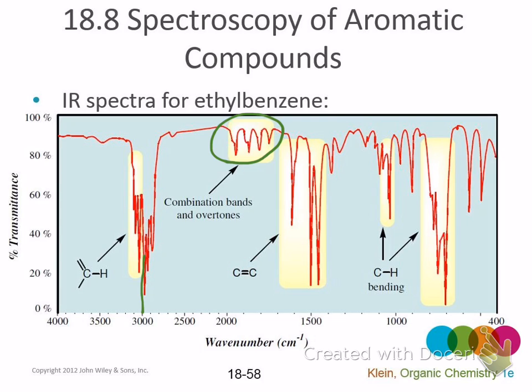That's what you usually see when benzene has one substituent on it: a set of evenly spaced peaks that are either overtones, higher frequency bands, or combinations of frequencies combining. Diagnostically, you can tell that benzene has a single substituent by seeing 4 peaks there.